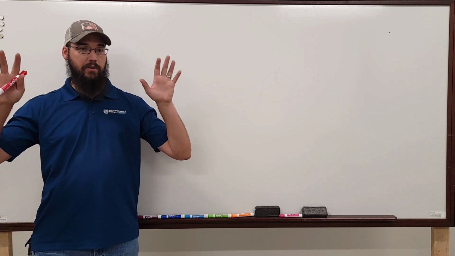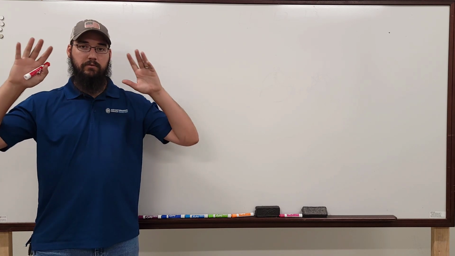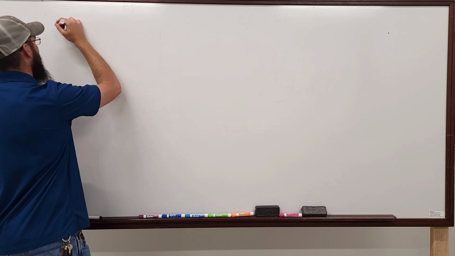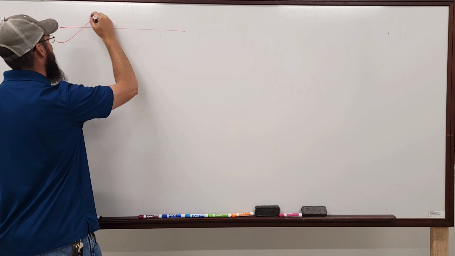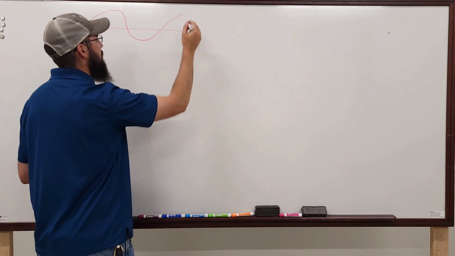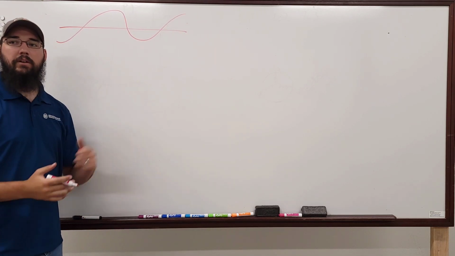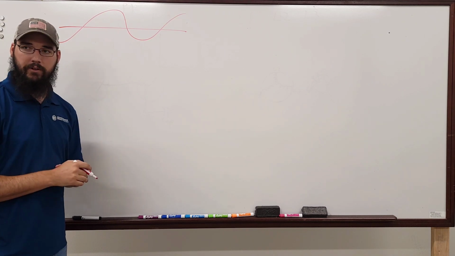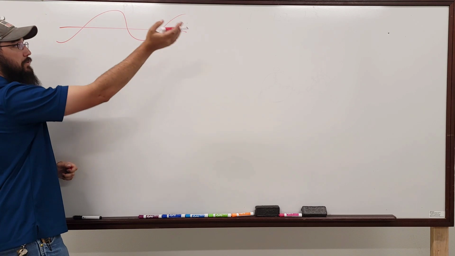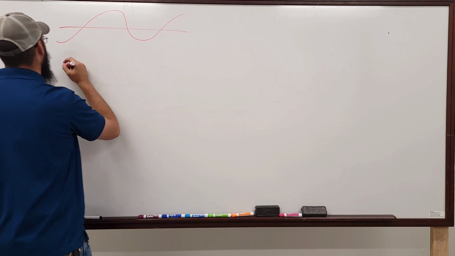So is anybody familiar at all with the shaft grounding theory? Let's start with the basics, okay? We have a sine wave right there, right? That's a pure, true sine wave. This is what's coming through your starter.